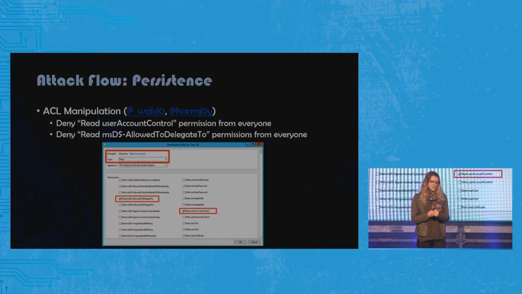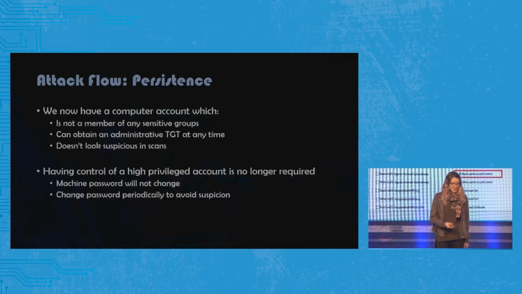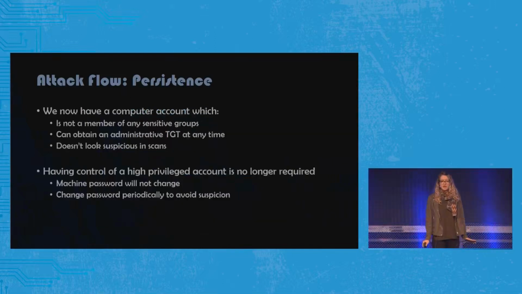Second thing is we're going to deny read permissions on the msDS-AllowedToDelegateTo attribute. This is the attribute which states that this computer account can delegate tickets to the KERB-TGT account. So now we have a computer account that can perform delegation to the KERB-TGT account, but no one can actually see that it has this ability. So let's recap what we have so far.